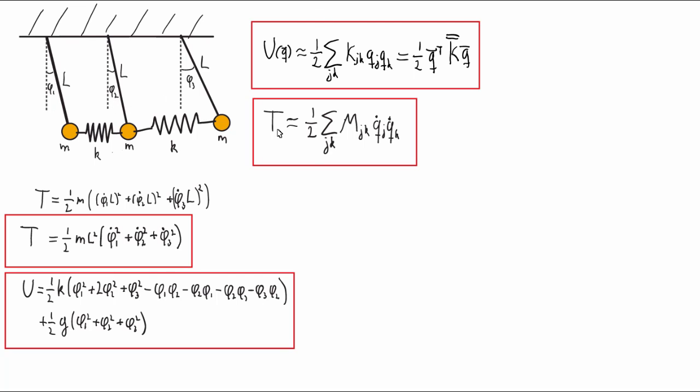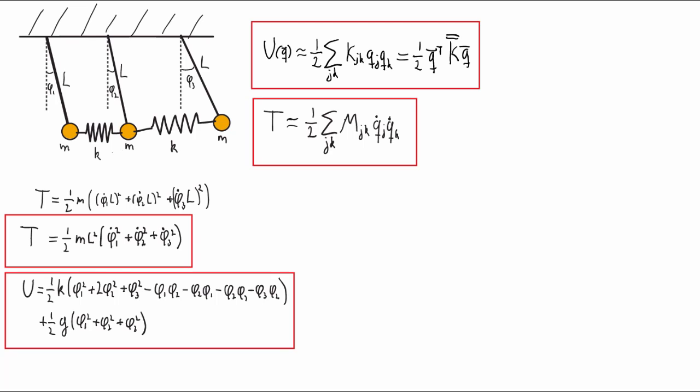And using these forms now, we can directly read off what the members of the M matrix and the K matrices are. So for instance, we can see here, if we look at the potential and the kinetic energy, there's phi 1 dot times phi 1 dot. Whatever multiplies that, not including the 1/2 factor, is now the M11 term.